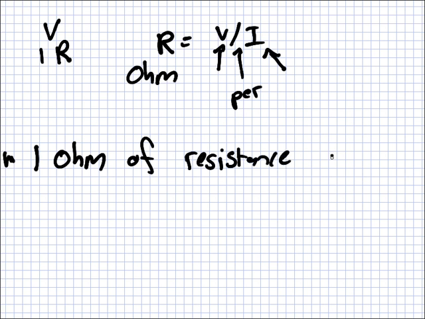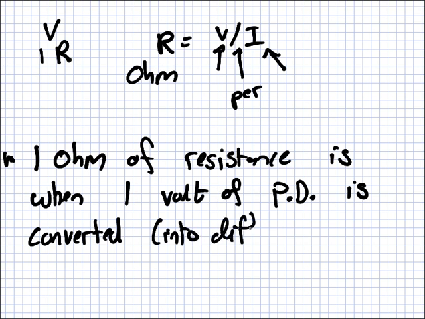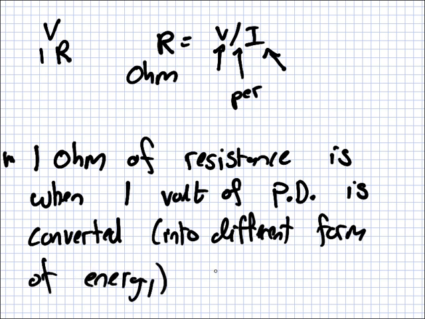Resistance is when 1 volt of potential difference is converted into a different form per unit amp of current.